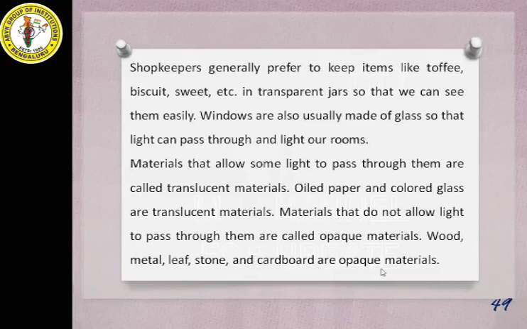So based on transparency, we have three concepts: transparent, translucent and opaque. What do you mean by transparent? The materials which allow complete light to pass through them are called transparent materials. What is translucent? The materials which allow only some part of light to pass through them are called translucent materials. What do you mean by opaque? The materials which do not allow any light to pass through them are called opaque materials.